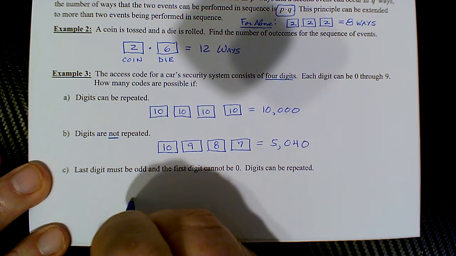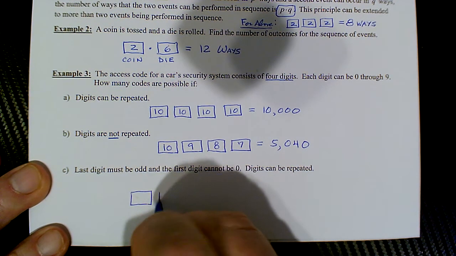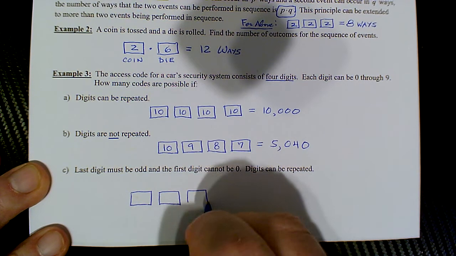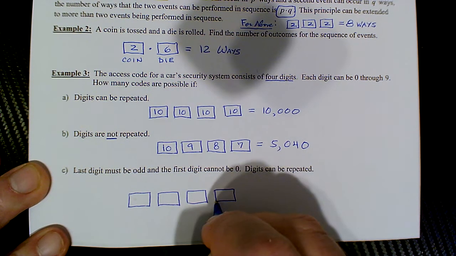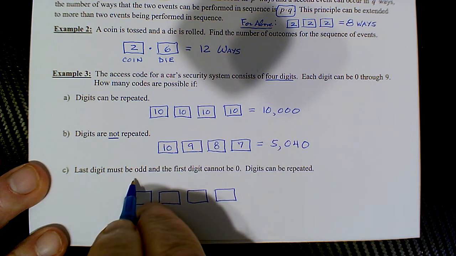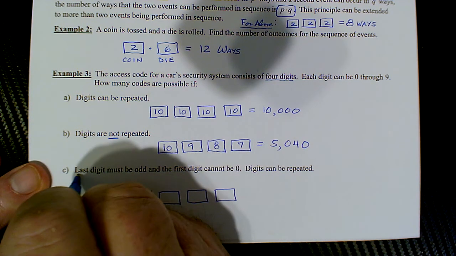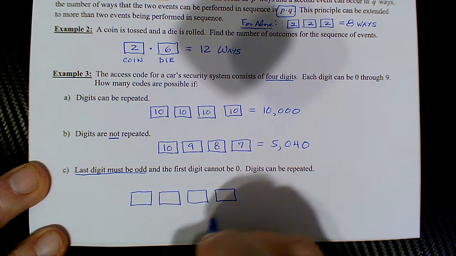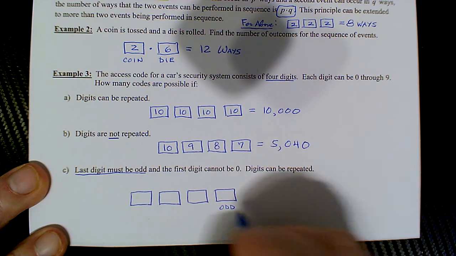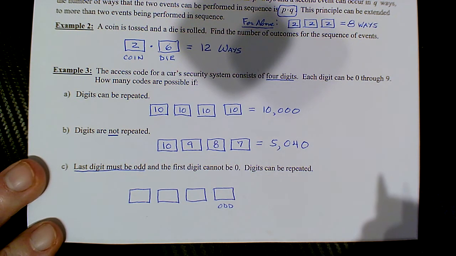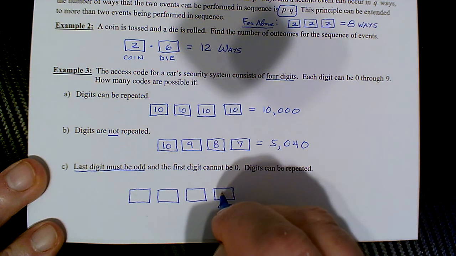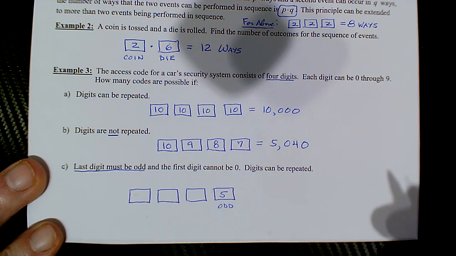And then here's one that's a little bit more interesting. Again, you start with the 4 positions to fill, and the last digit must be odd. If the last digit must be odd, so this is what makes it an odd number, you have a choice of the 1, 3, 5, 7, or 9. So there are 5 digits to choose from that will force the number in the last position to be odd.